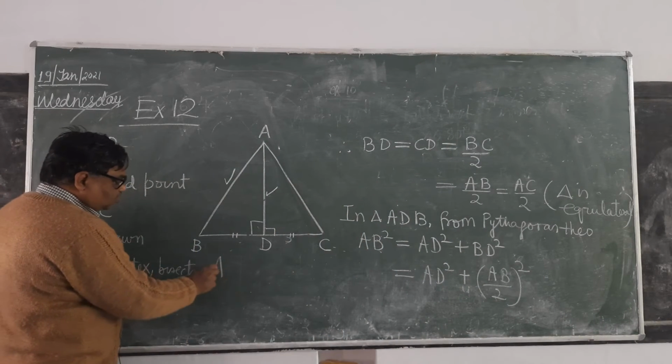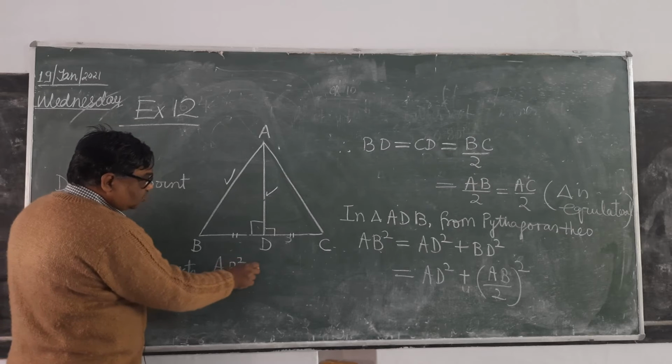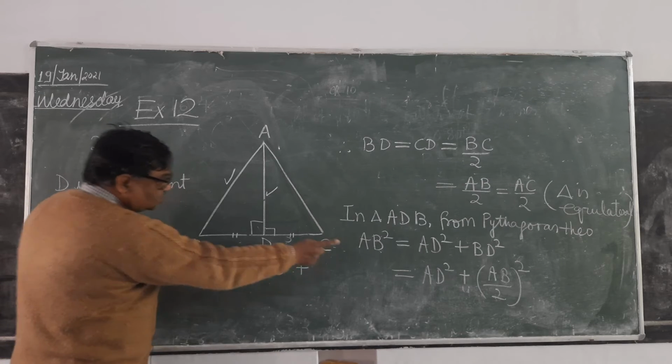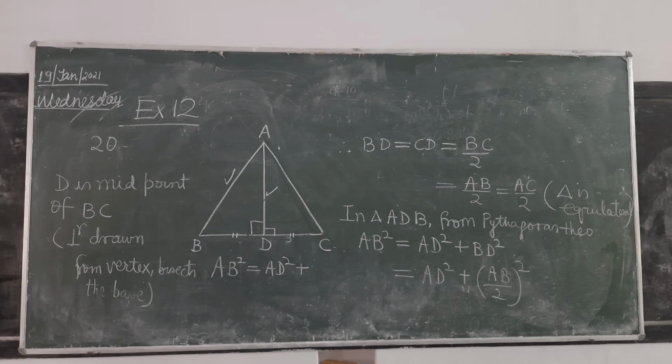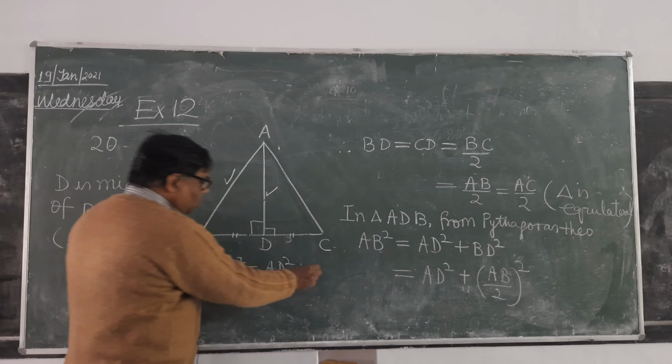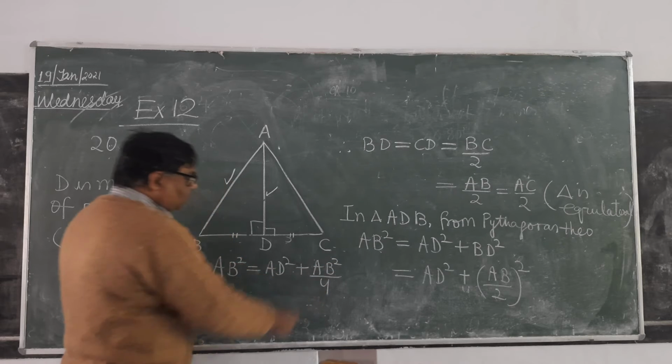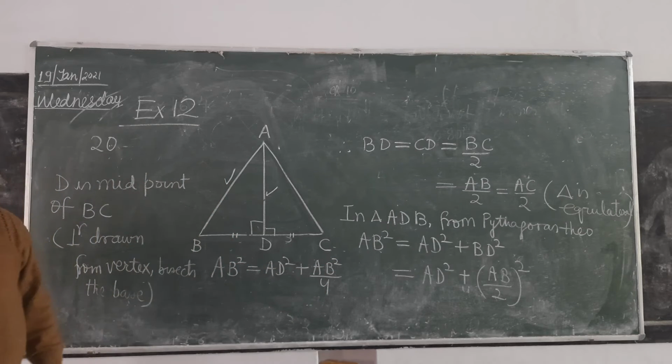Now you simplify. So AB square equals AD square plus, what is AB upon 2 whole square? AB square upon 4. Now after this what will you do? AB square equals AD square plus AB square upon 4.